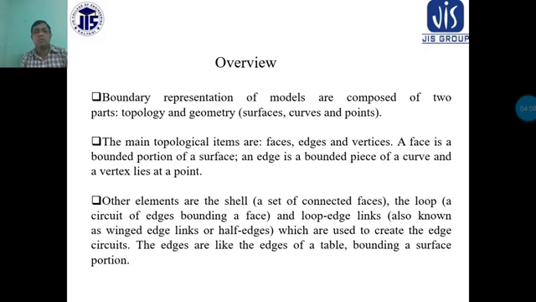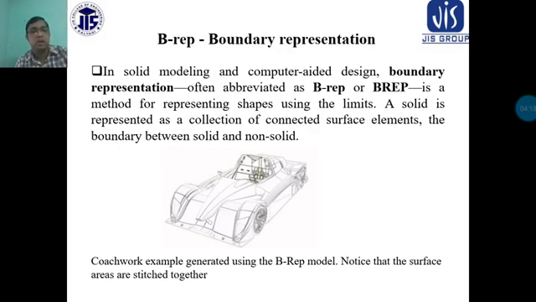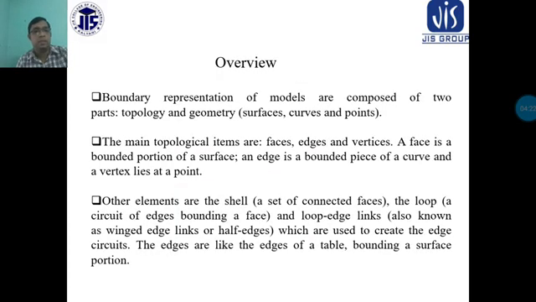You can concentrate on the previous figure and see the bounded pieces of a curve, and the vertex lying at a point. The other element is the shell. A shell is a set of connected faces.